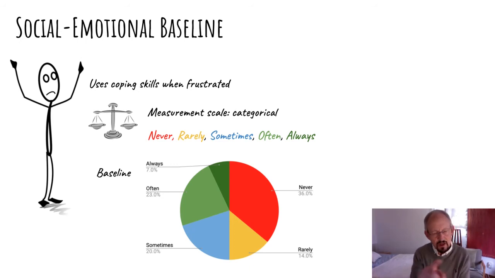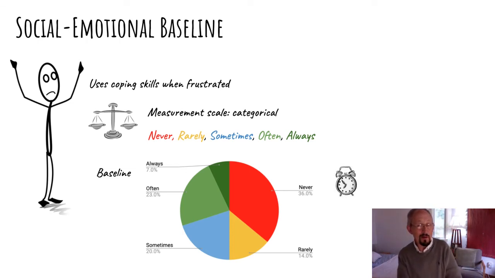Okay, so here is variability within a categorical scale, and our job is to understand, well, we've got a baseline where we could certainly create an average, right? But we've got variability, and what we need to understand before we set a benchmark or design an intervention is what are the conditions that lead to the variability in using coping skills for frustration.